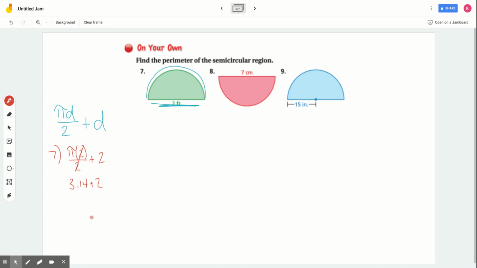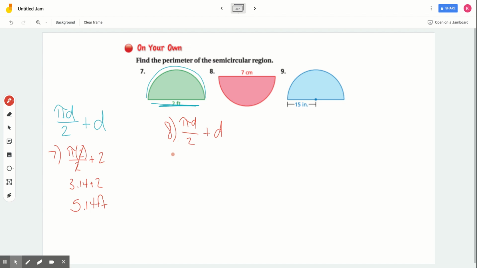Remember to keep your decimal points lined up when you add. 3.14 plus 2 is 5.14 feet. Now go ahead and try number 8 on your own. Now remember, we're going to use this pi times diameter divided by 2 plus the diameter rule. Come back when you're ready to see that worked out.